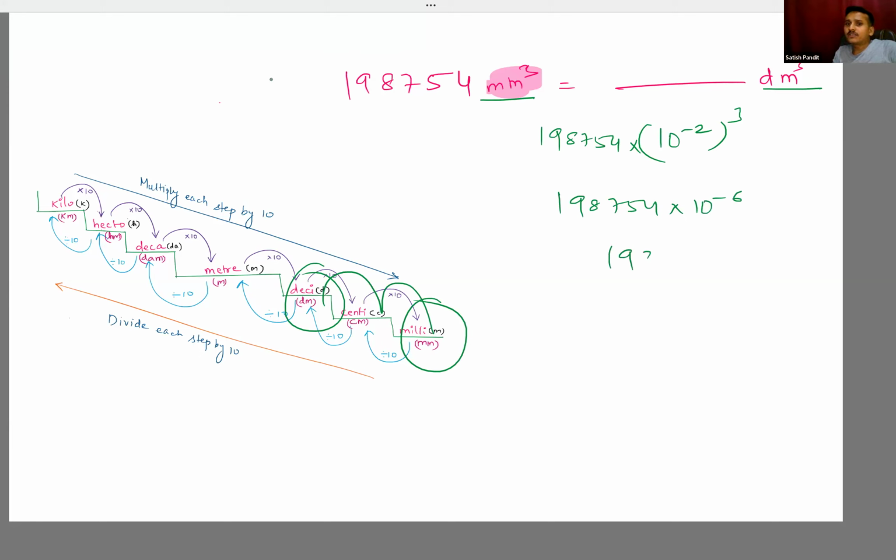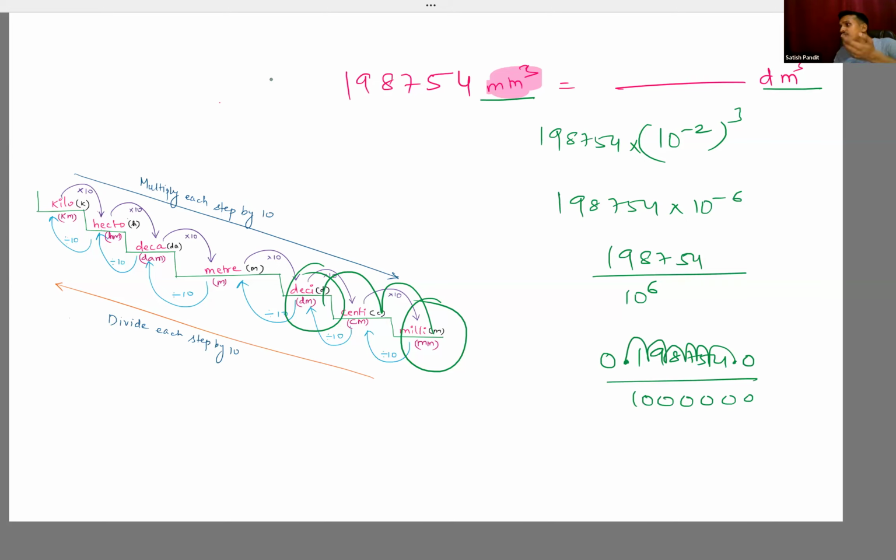If it goes to the bottom, it will become 10 to the power 6, which means 1 followed by 6 zeros. If you shift the decimal 1, 2, 3, 4, 5, 6, it will come here only. And nothing is there before this, so you can put a 0. Before the decimal point, if you put a 0, no problem. It looks good actually. So 0.198754. All of you have understood? Yes or no? Yes. Very nice.